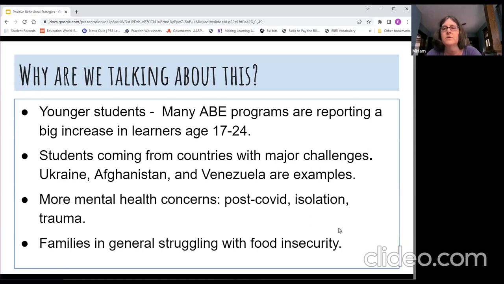Anyone coming from those countries has experienced trauma and sadness and challenges. In general, there's more mental health concerns post-COVID. There's still people feeling isolated, and then a lot of trauma. And in general, families in Minnesota are struggling with food insecurity. So all of this is coming together and making our classrooms at times more challenging.